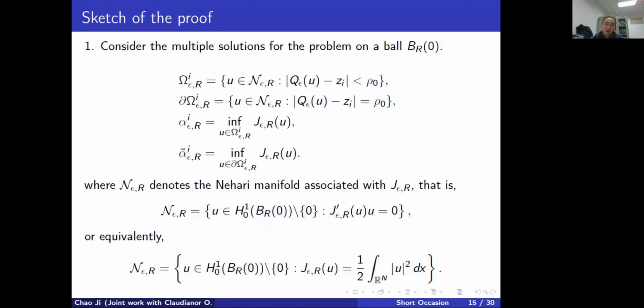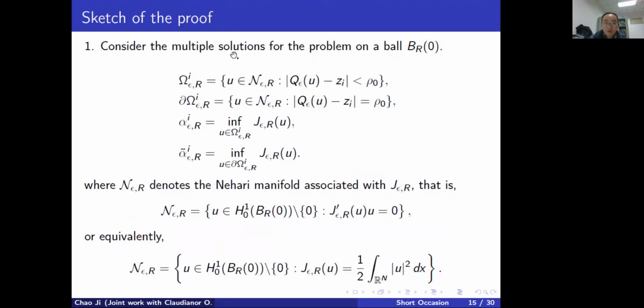The next step is we have to show that the solution on the Nehari manifold is a solution of the original problem. So they use Ekeland's variational principle. But for our problem, we cannot use that.